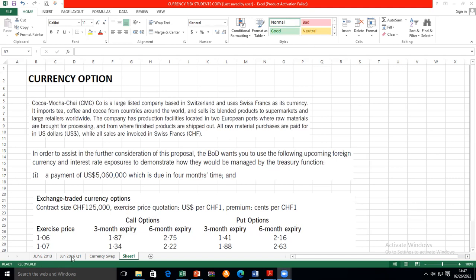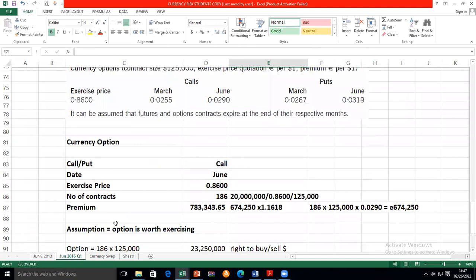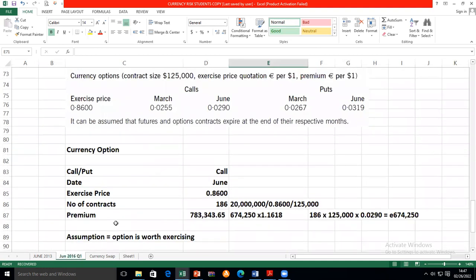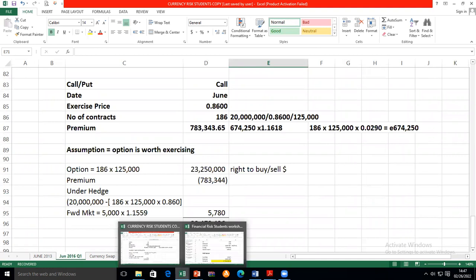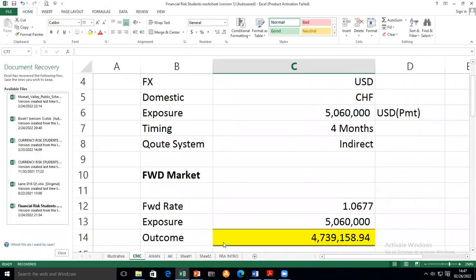So let us see how it will come out. I want to use the same template that I used the other day.